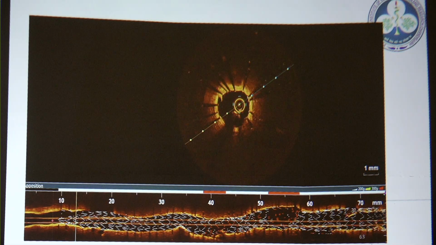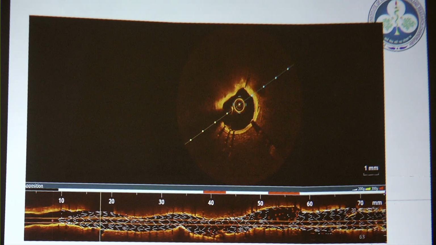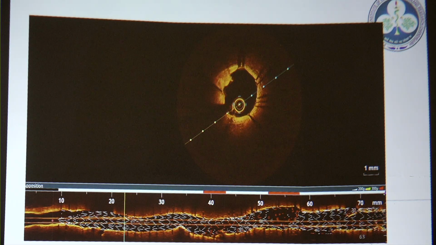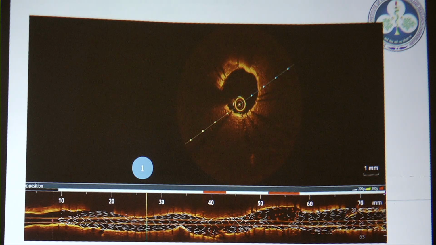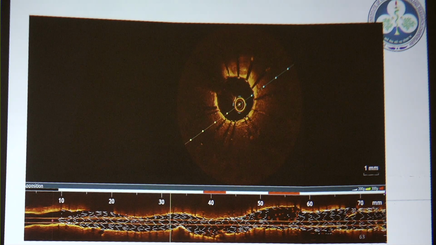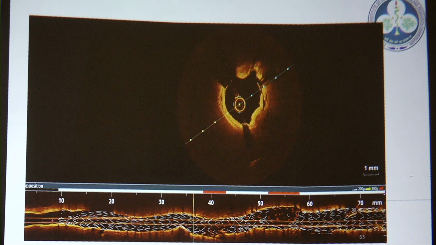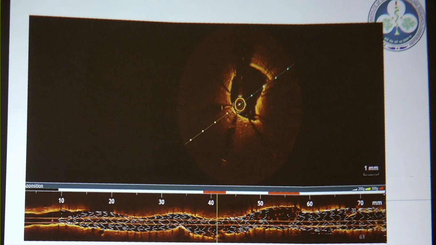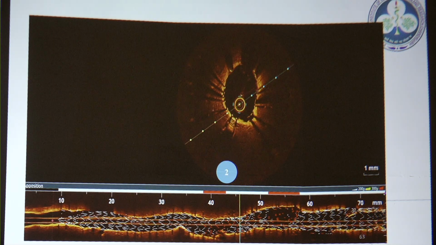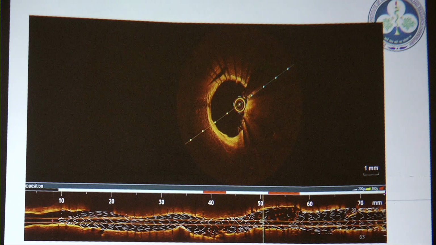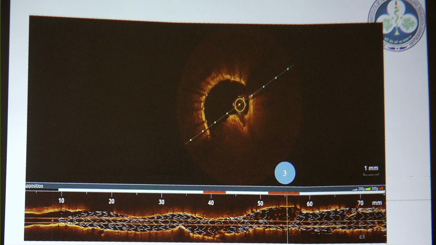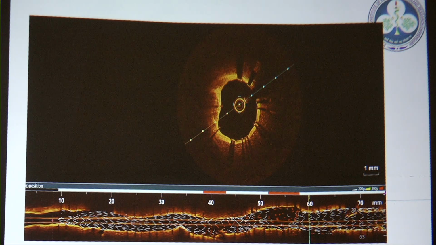And this is the OCT across the stented segment. So you can appreciate the number of calcified nodules, which was 8 initially. To a certain extent, some of the calcified nodules could be compressed very well with the cutting balloon followed by the NC balloon.